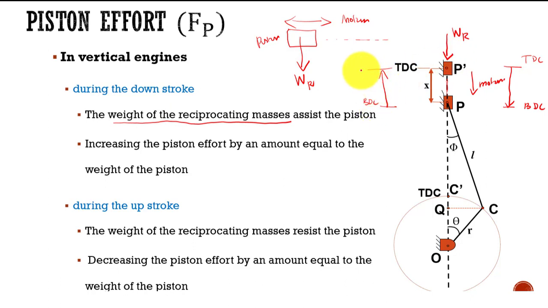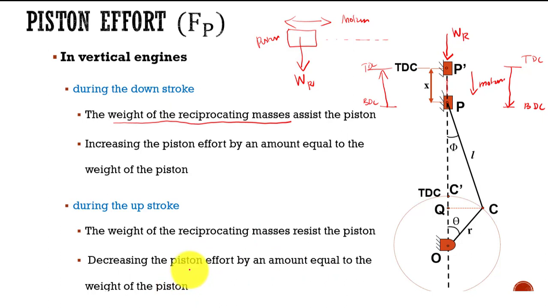The direction of the motion and the direction in which the weight is acting are opposite in nature, so it resists the motion, decreasing the piston effort by an amount equal to the weight of the piston.